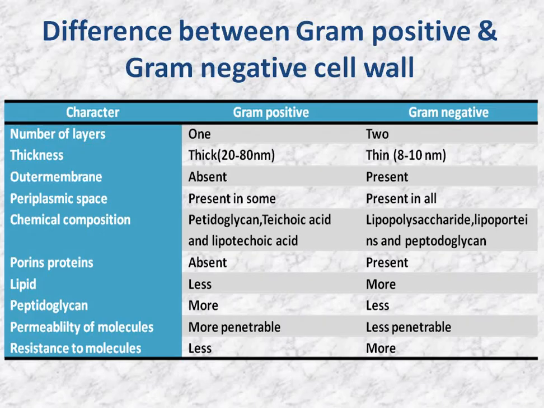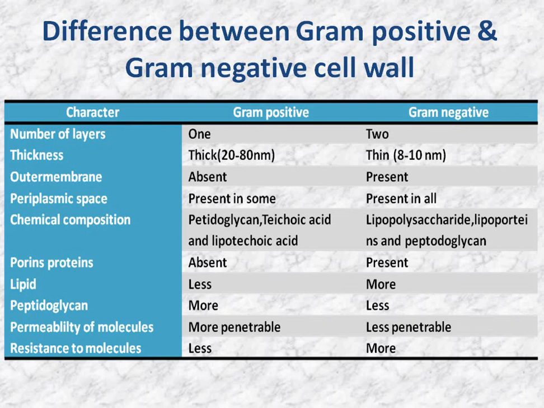This table again shows a difference between the gram-positive and gram-negative cell wall. In gram-positive bacteria, the number of layers outside the cell membrane is only one, made up of peptidoglycan. But in gram-negative bacteria, it consists of two layers.